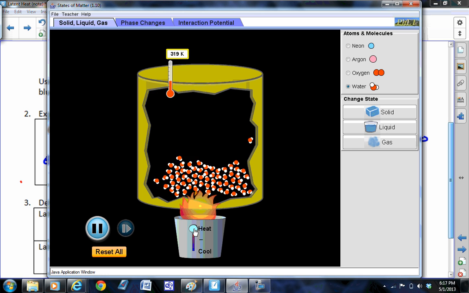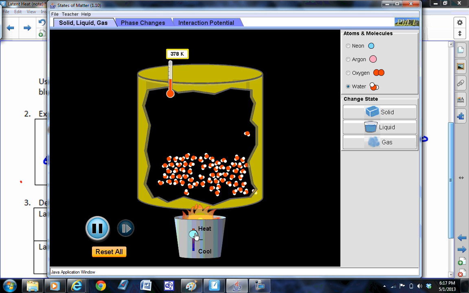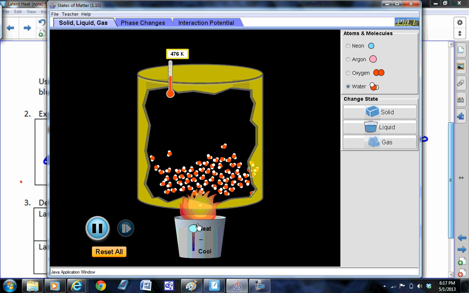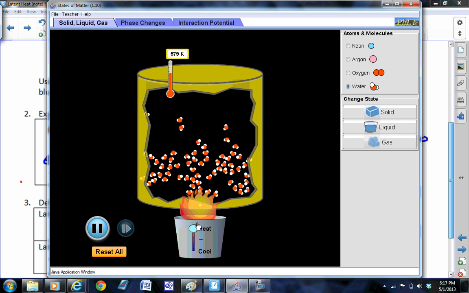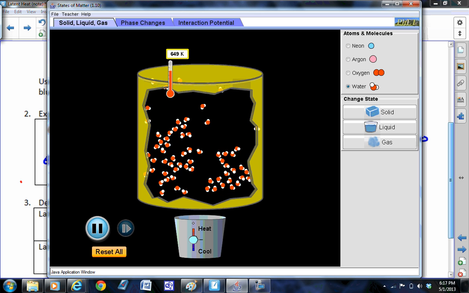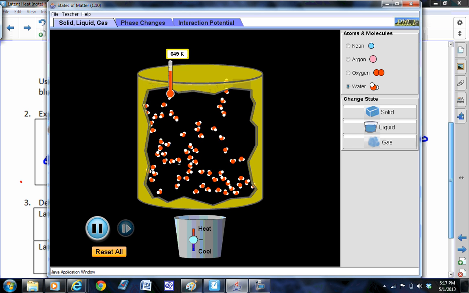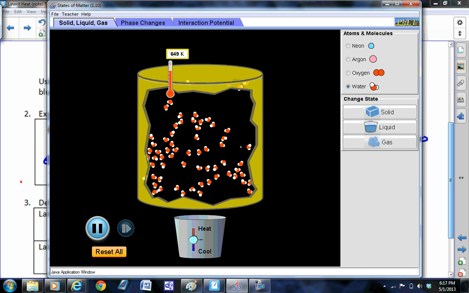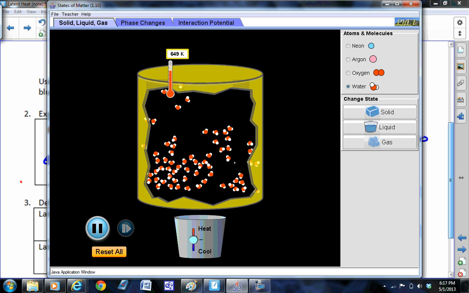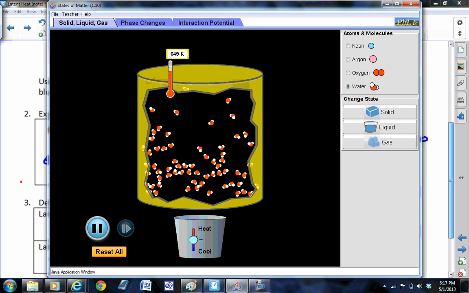If I keep adding more energy, I'll be further breaking the bonds. And eventually what's going to happen is these particles are going to form a gas. There's very little attraction between them. Now, there's a lot of potential energy here. These particles want to come back together again, and eventually they will.